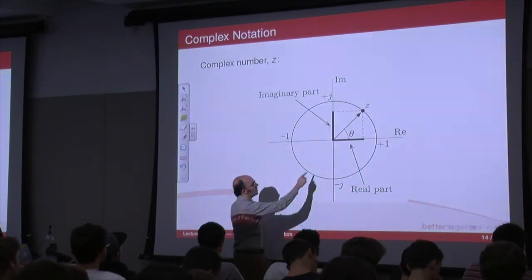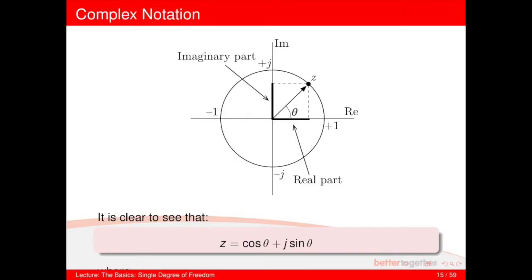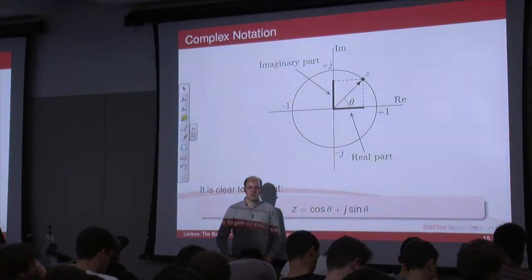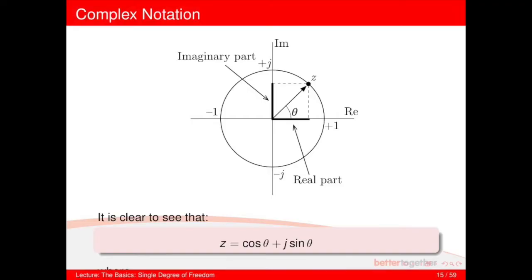And the sine of that angle, which is that, is the imaginary part. And so we can write that in terms of trig. We can write that z equals cosine of theta plus j times sine of theta, because this bit is the imaginary part, so we multiply by j. Cosine of theta plus j sine of theta equals z, which is a complex number.